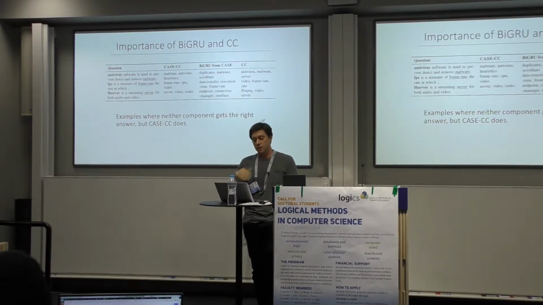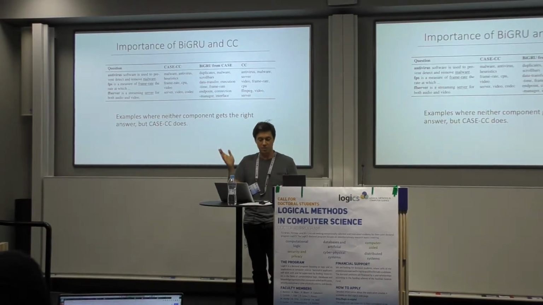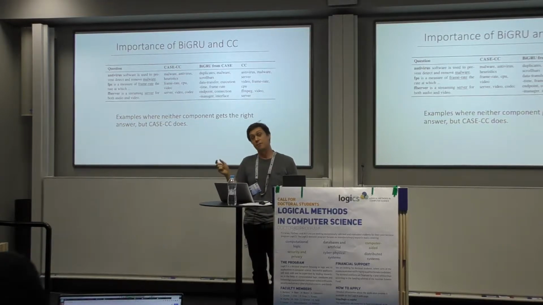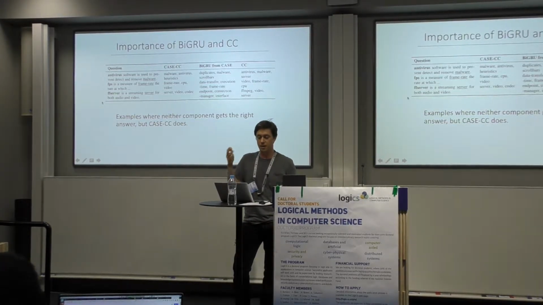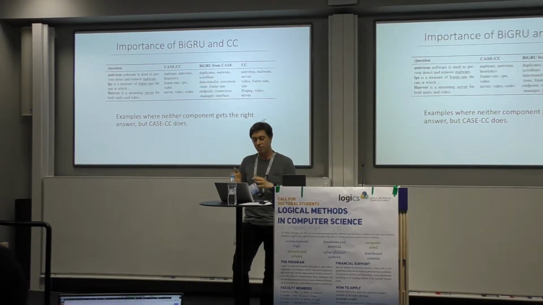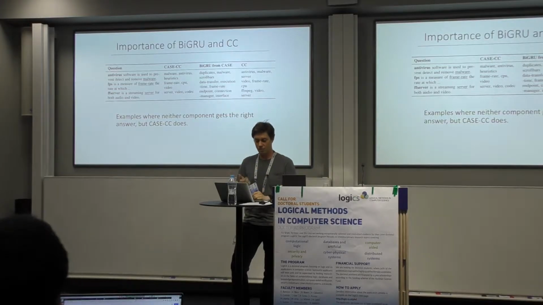To demonstrate that both components of the model are important, here's some examples where each component individually fails, but together they come up with the right answer. So if our question is antivirus software is used to prevent, detect, and remove malware, and we want to fill in the word malware.